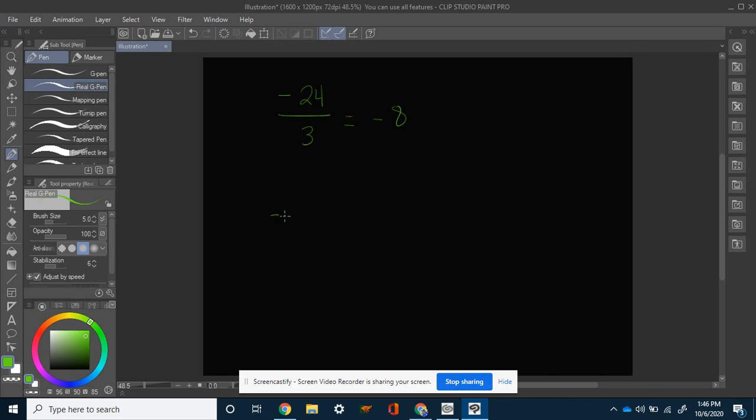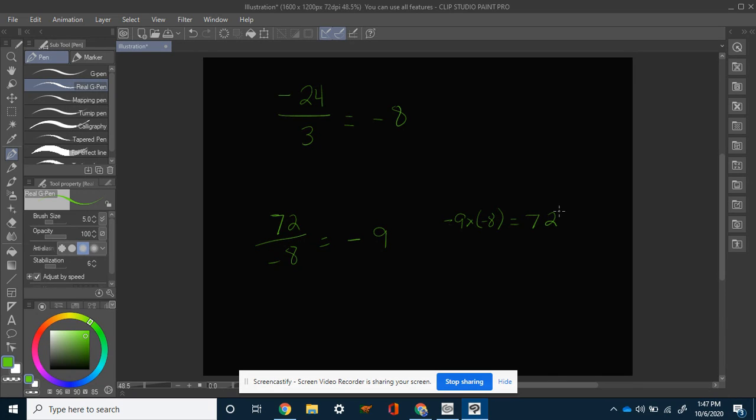If I had positive 72 and I divide that by negative 8, the positive is turned into a negative by this negative 8, so the answer is negative. 72 divided by 8 is going to be 9. And it would make sense because if we went backwards, let's pretend we worked with our fact families here, and we said that we have negative 9 times negative 8, that would be negative times negative equals positive 72.